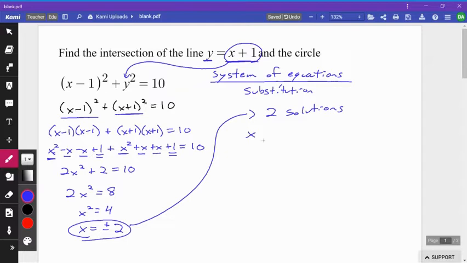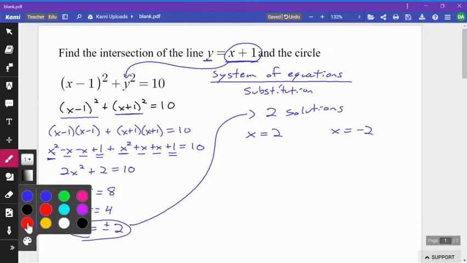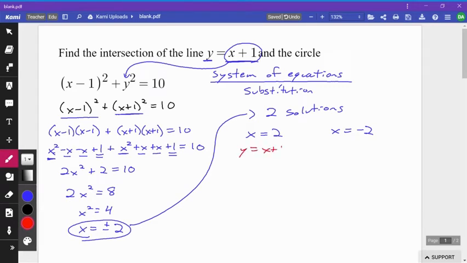I get one solution when x equals a positive 2, and I get another solution when x equals a negative 2. So what I want to do here is I want to find my y value. If I find the y value, I'm going to plug the 2 in for x into either equation, but it's easier to plug it into the line.